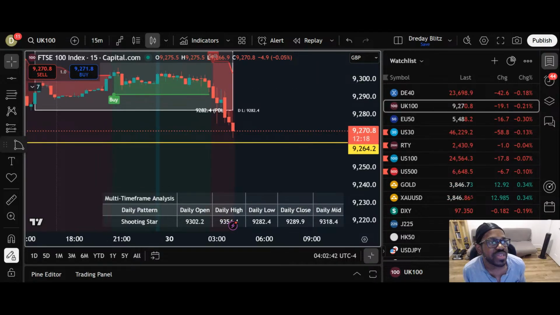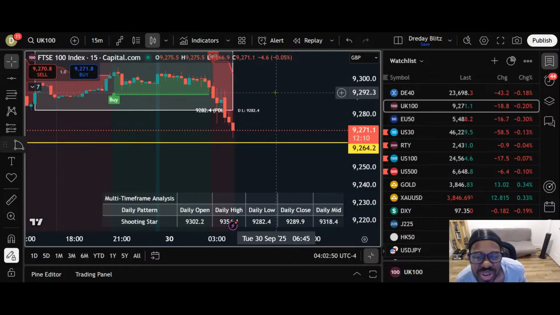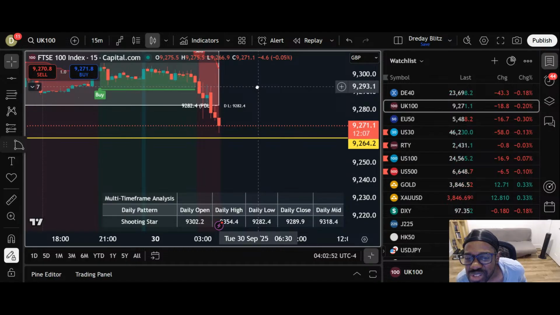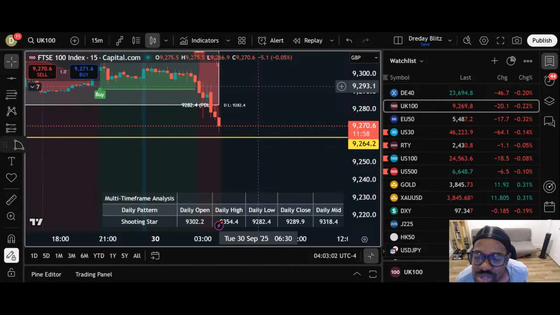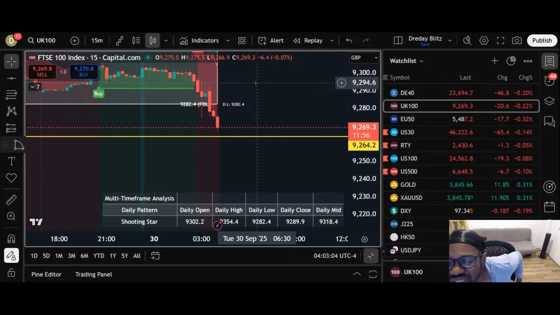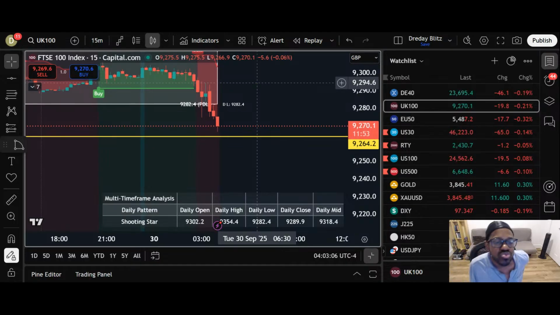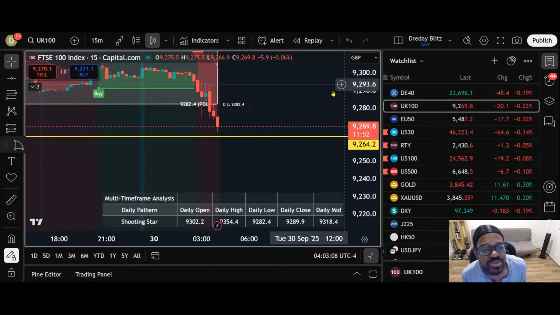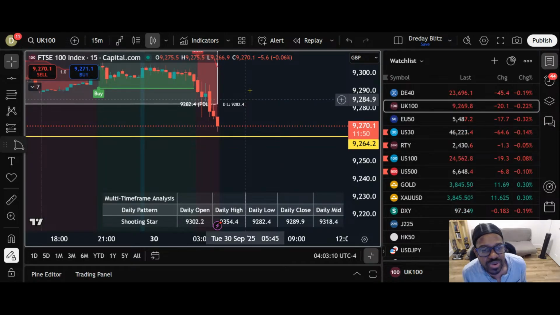So if you're in that trade here, the target will be pretty much that line that I just put in. So you could look at the price. We are at 9,264.2. That's pretty much the take profit zone.